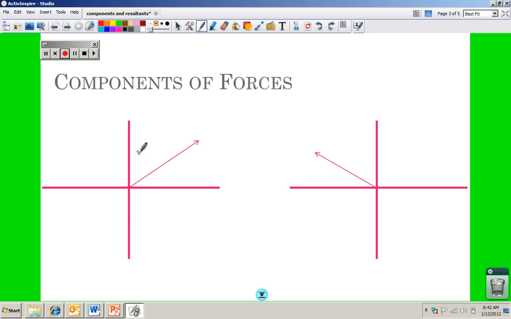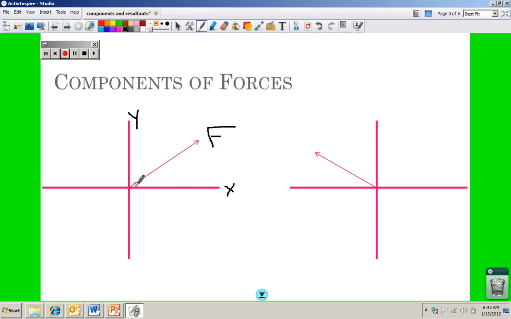Okay, so let's talk about components of forces. Here I've drawn just your regular Cartesian coordinates. This is your x-axis, and this is your y. Okay, and we have this force, we'll call it F. Okay, and that force has two components.